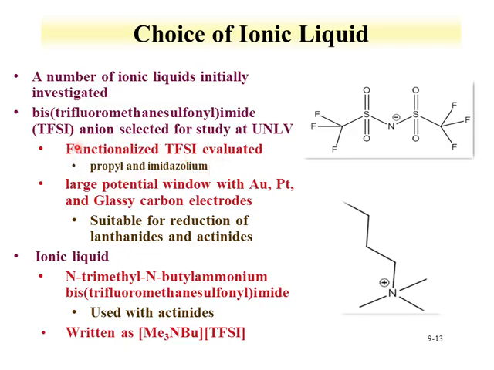You can read about this in the literature, and we've shown that it has a large potential window with gold, platinum, and glassy carbon electrodes, and this potential window is large enough for reduction of actinides and lanthanides. The full ionic liquid that we're using has the cation of the N-trimethyl-N-butyl ammonium along with the TFSI, and is written as this compound shown here.